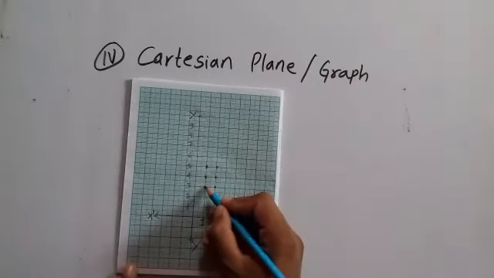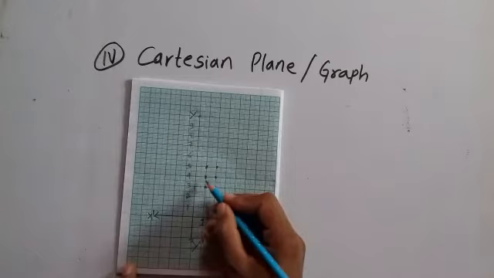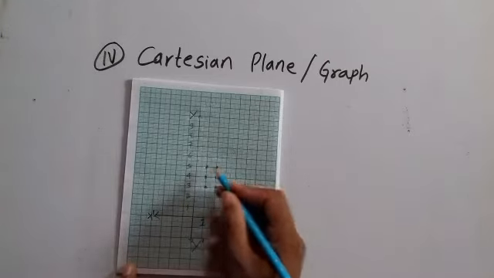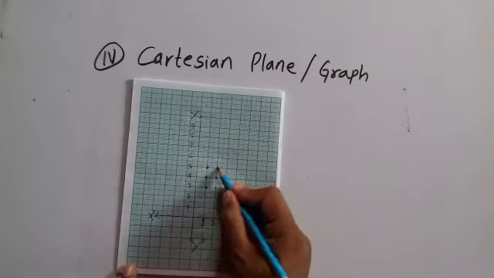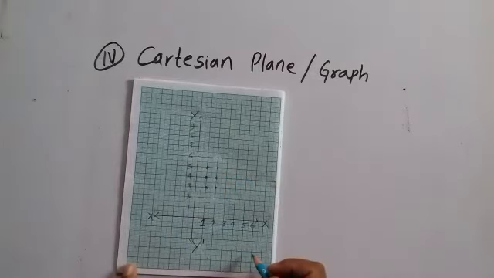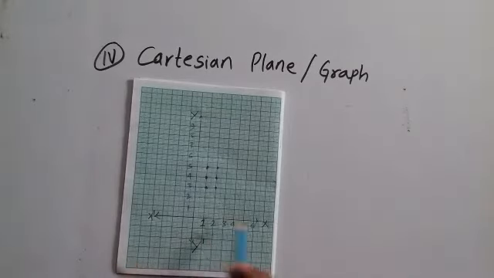At first we have points 1, 3, 1, 4, 1, 5, then 2, 3, 2, 4 and 2, 5. In this way we have completed representing Cartesian product of A and B in Cartesian plane also. Now finally we are going to represent Cartesian product of A and B in the form of table.